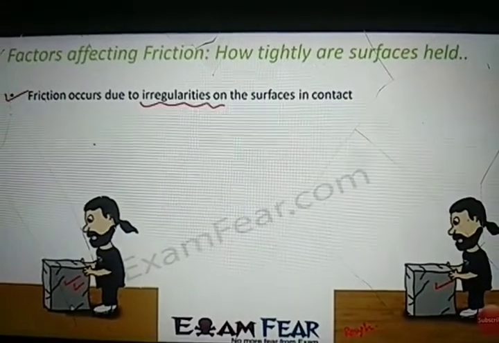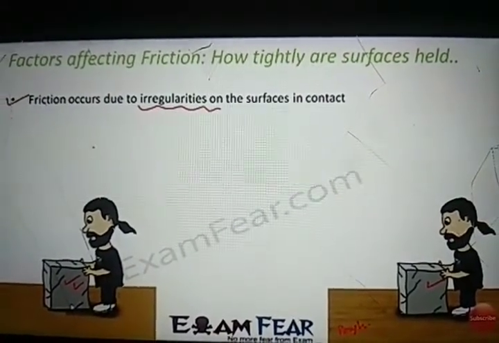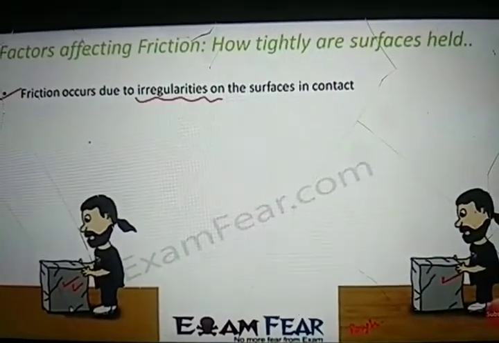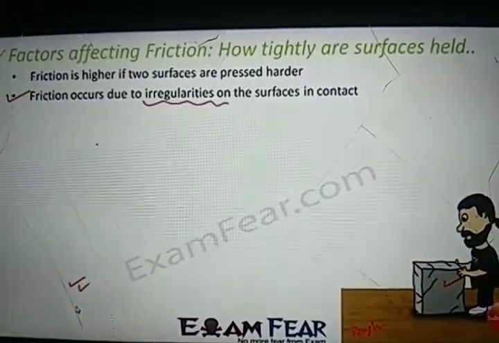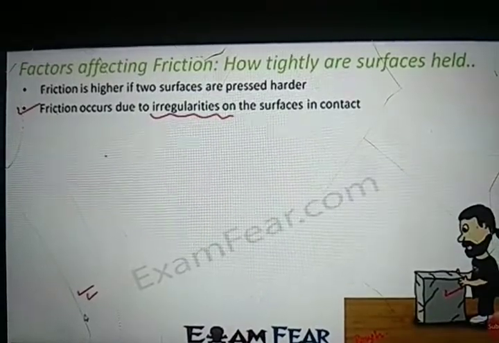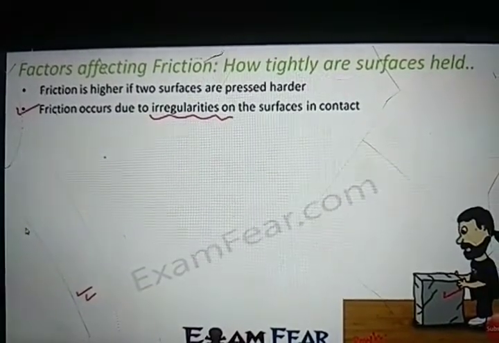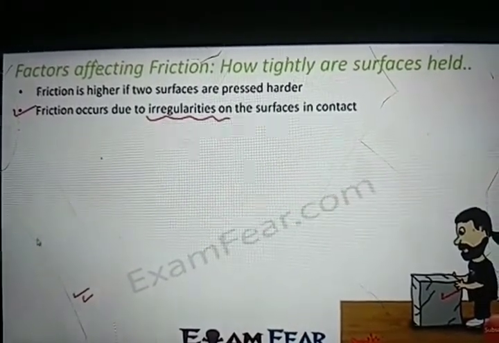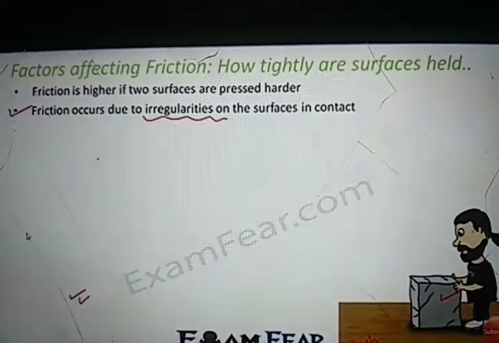Now if you look at the structure of a smooth surface and a rough surface, what do you see? We see that all surfaces have irregularities. When I say all surfaces, that means all surfaces. Now, how exactly do a smooth surface and a rough surface look?